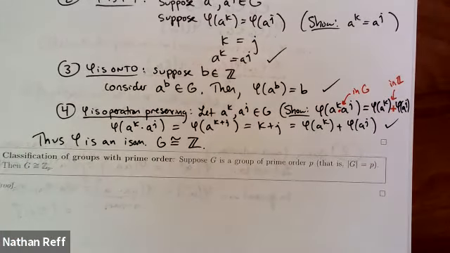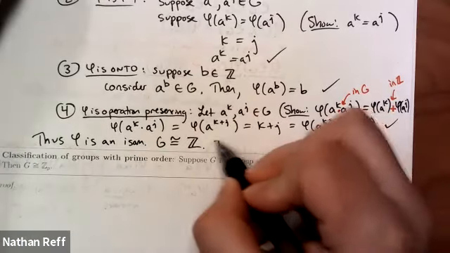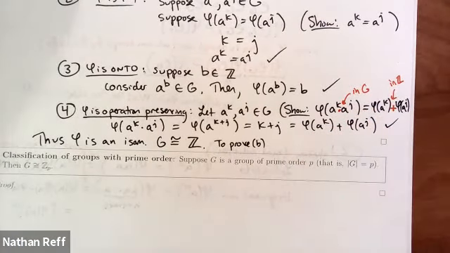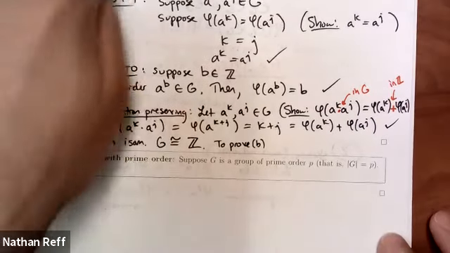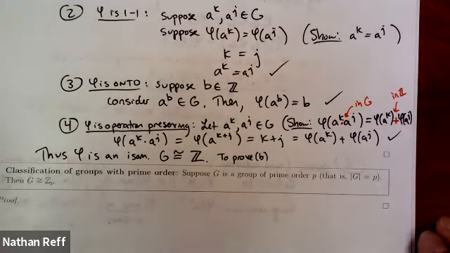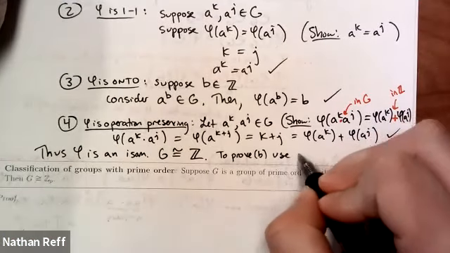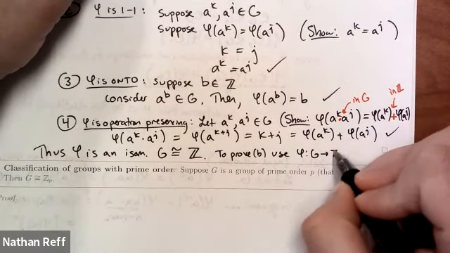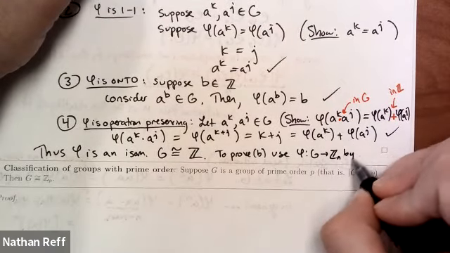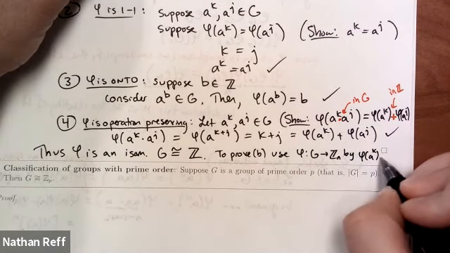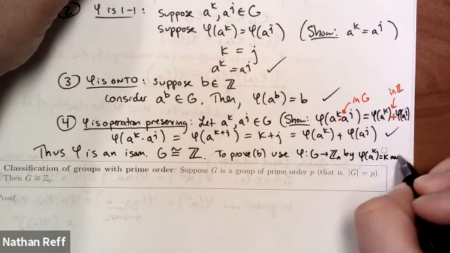Okay. To prove B, I think I can fit it right here? I'm just kidding. The only difference is you just add a mod n after the K, and that's it. Use phi goes from G to Zn by phi of A to the K is equal to K mod n.